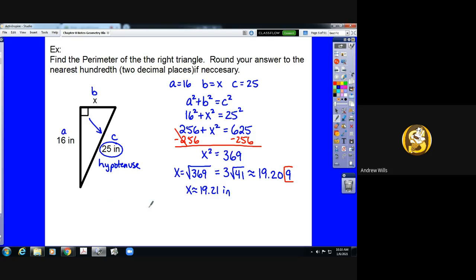So the perimeter of this shape, which we'll call P, is 16 plus 25 plus x, which we said is 19.21. So 16 plus 25 plus 19.21 would be a perimeter of 60.21 inches for the triangle.